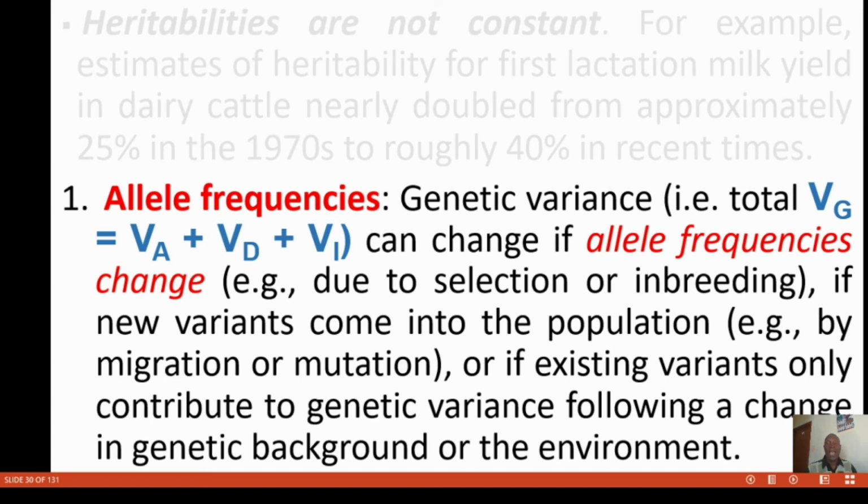They can change as new variants come into the population by migration or mutation or even selection, or if existing variants only contribute to genetic variance following a change, and that change can come from selection, a change in genetic background, or a change in the environment.